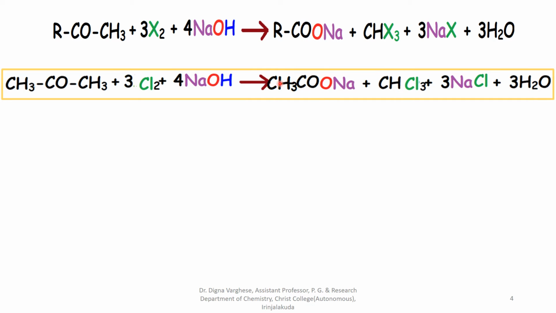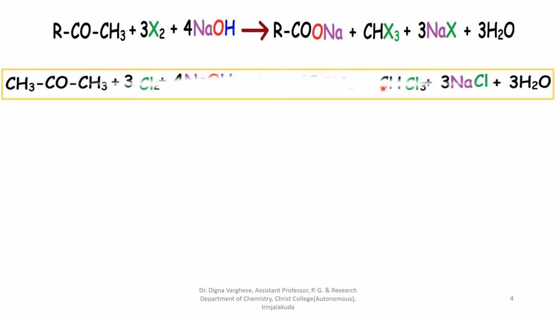Here R is CH3, that is sodium acetate. Here X is chlorine, so it's chloroform, CHCl3. And the sodium halide formed here is sodium chloride and water. So here the sodium acetate is formed with chloroform.